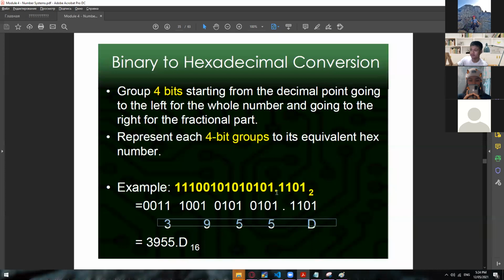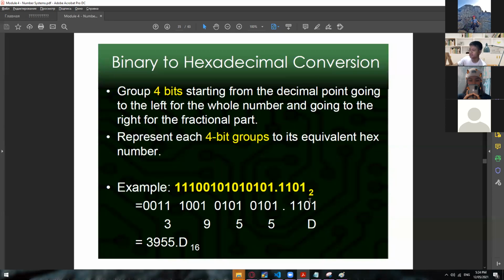Why? Because by grouping them by 4, it will give you an easier way to evaluate this one, unlike if we have this kind of arrangement, where it is harder to verify where you will stop and until what part you're going to accommodate.